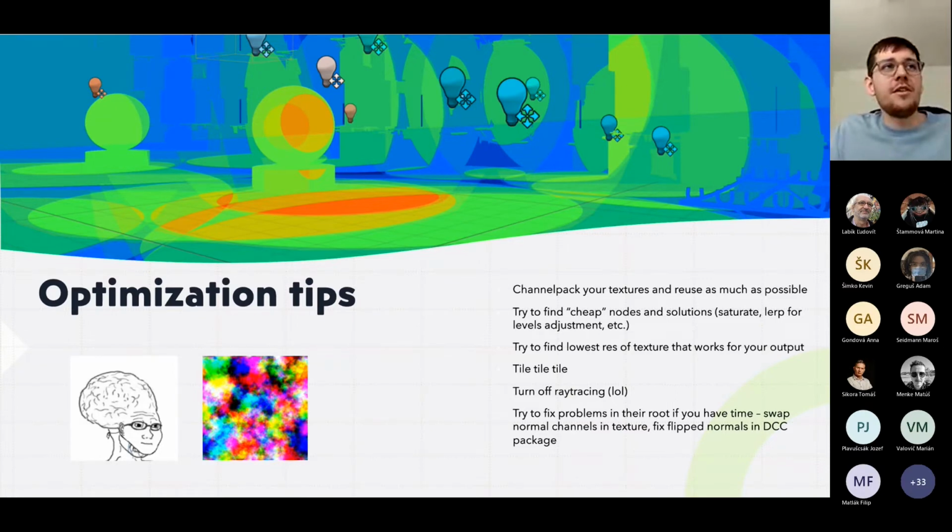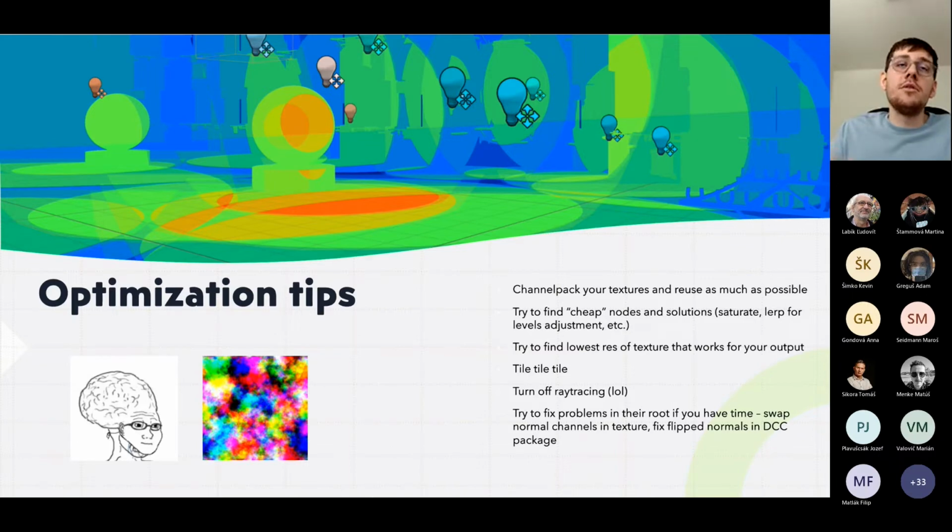And if you have some problems inside of the engine, maybe you have a texture that has flipped normal channels. It happens a lot when you jump between packages. Some people fix it inside of the shader, but I personally prefer fixing the problem at the root of it.